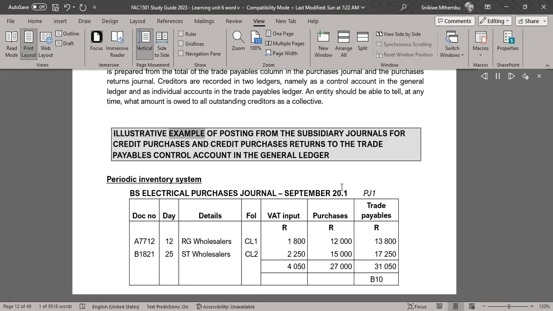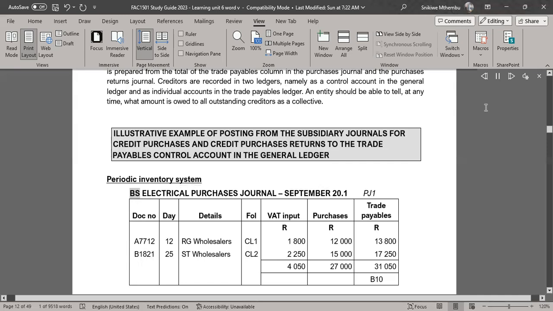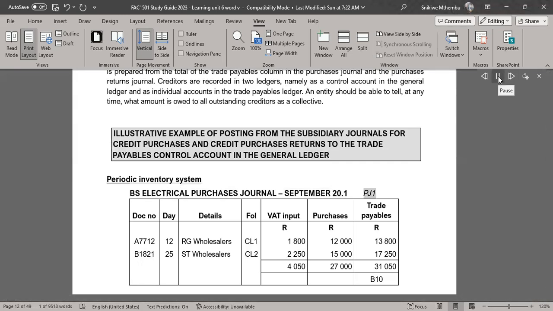1.0 Illustrative example of posting from the subsidiary journals for credit purchases and credit purchases returns to the Trade Payables Control account in the general ledger. Periodic inventory system. BS Electrical Purchases Journal, September 20.1, PJ1.